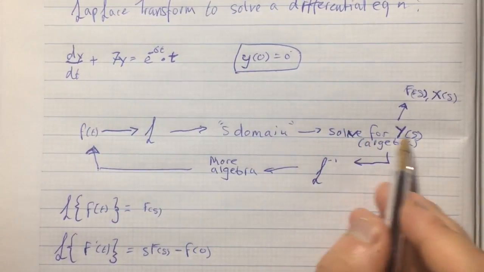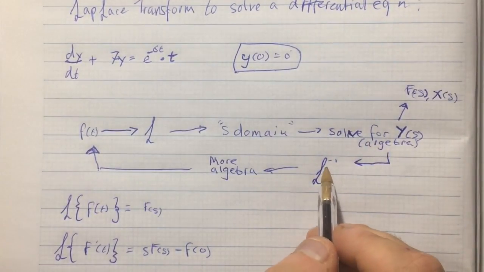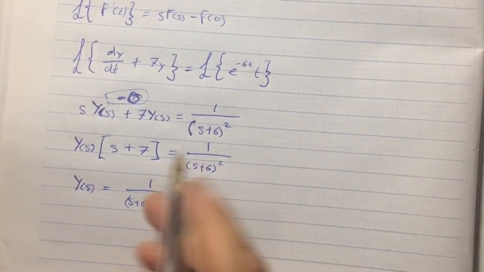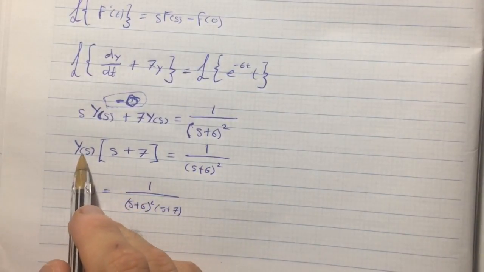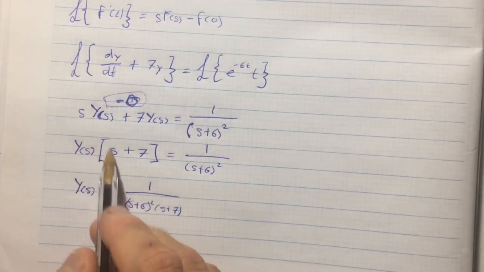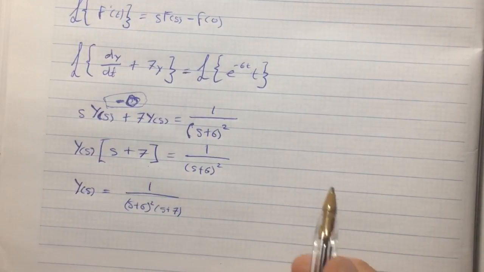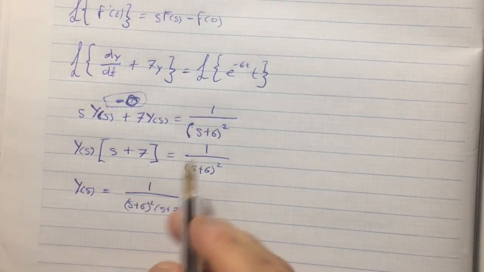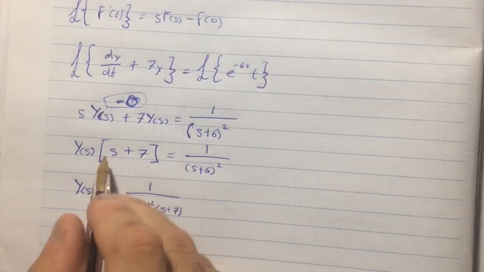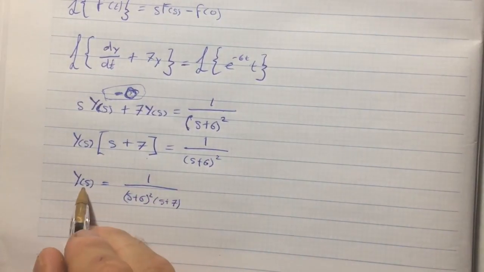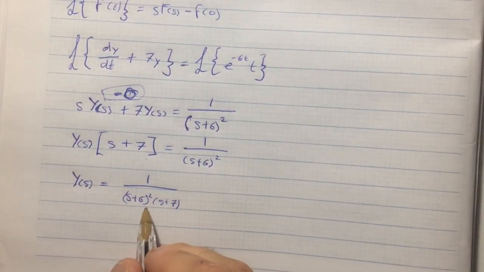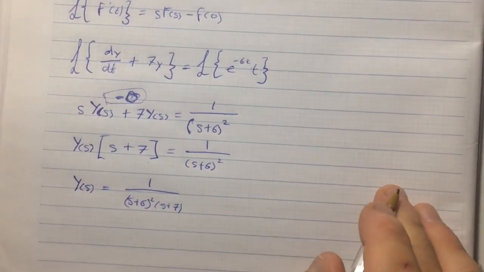I've solved for Y(s) with algebra. Now I take the inverse Laplace transform. And all I did in this step was factor out Y(s). See, I have an s term attached to Y(s) and a 7 attached to Y(s). So that's why Y(s) is factored out here. And then I just divided both sides by s plus 7. And now I have Y(s) is equal to 1 over (s plus 6)(s plus 7).